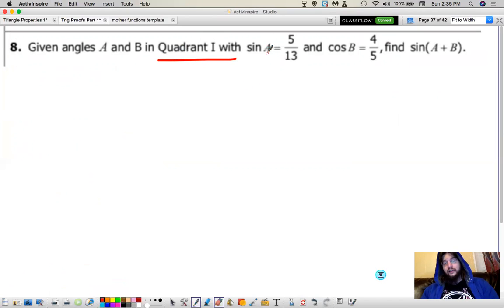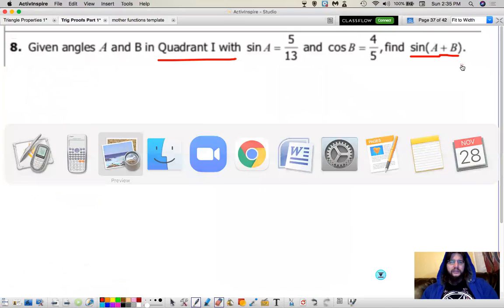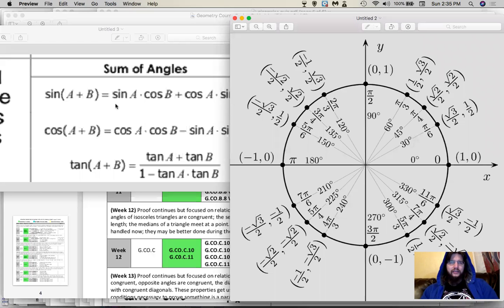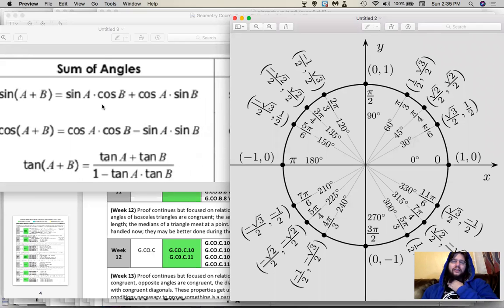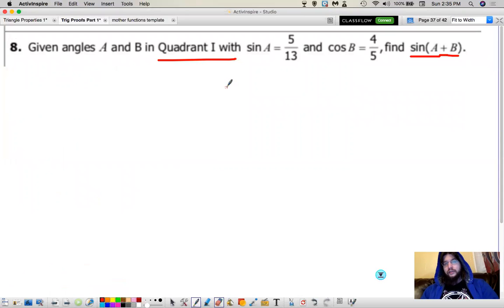Now this time we have sine of A and cosine of B, and we want sine of A plus B. So we look at our formula for sine. The sum of sine is involving sine of A and cosine of A, cosine of B, and sine of B. So we need to figure out what cosine of A is and what sine of B is, because we don't know those yet.